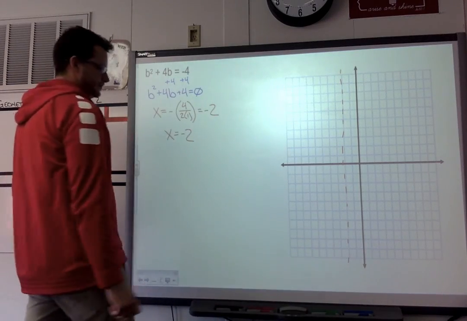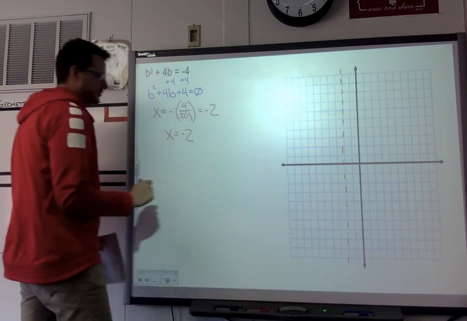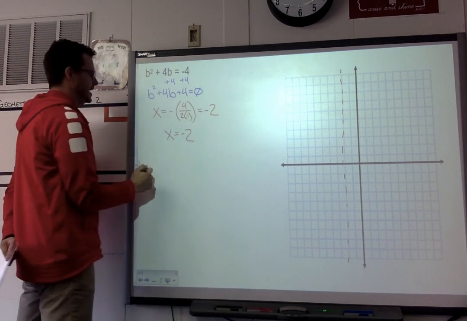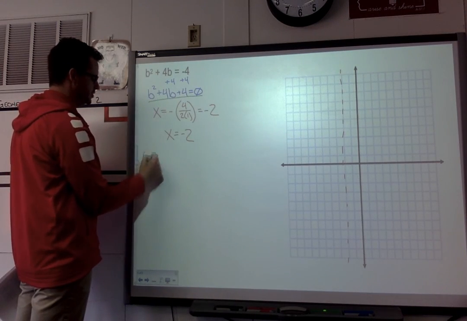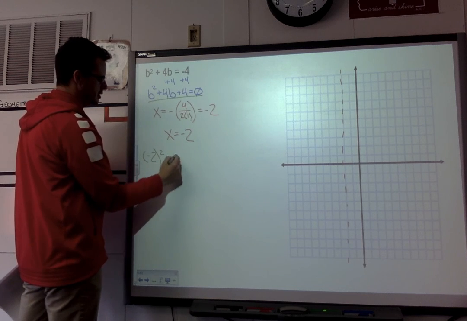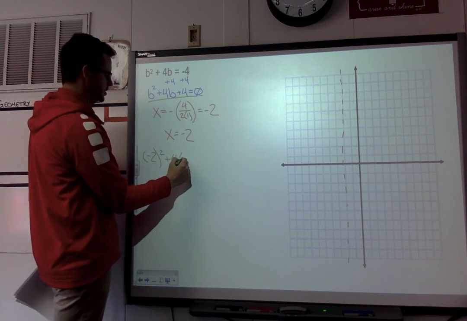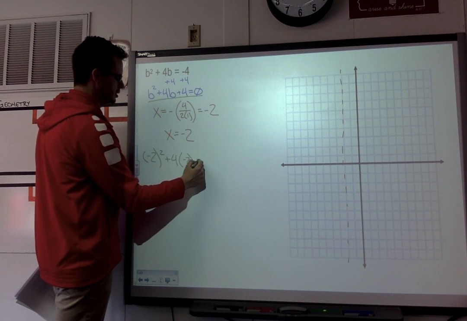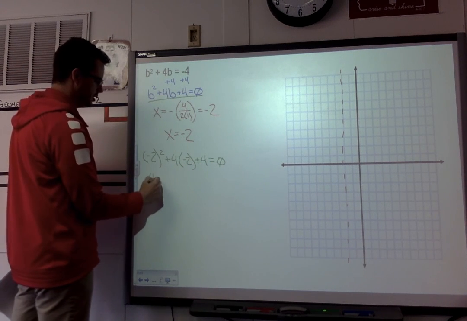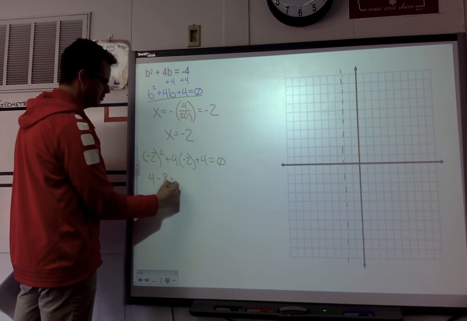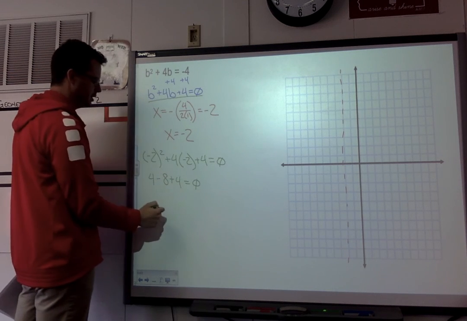So on this one, now I need to find my vertex by plugging that -2 into my original right there. So -2 squared plus 4 times -2 plus 4 equals 0. So this will be 4 minus 8 plus 4 equals 0.